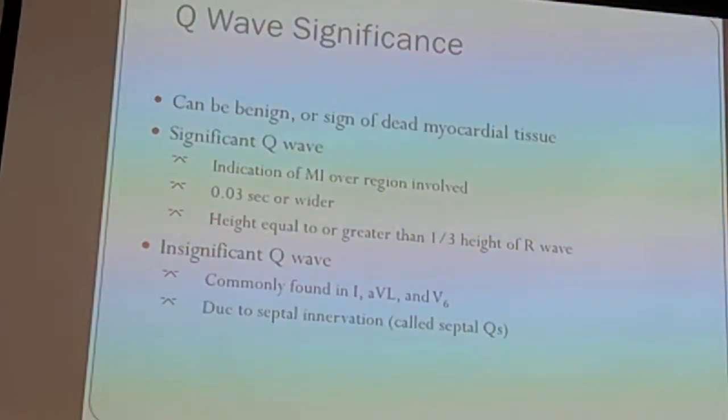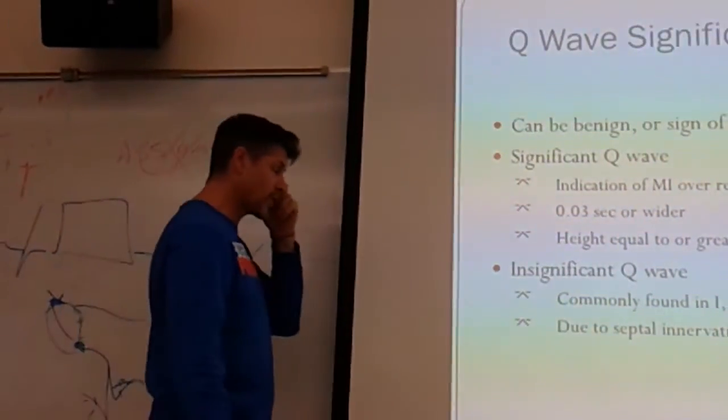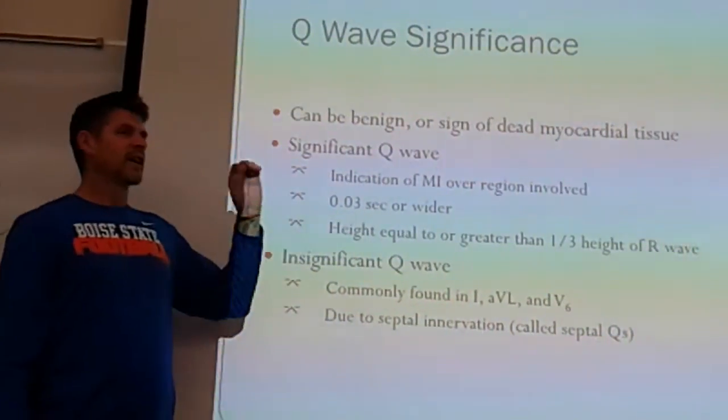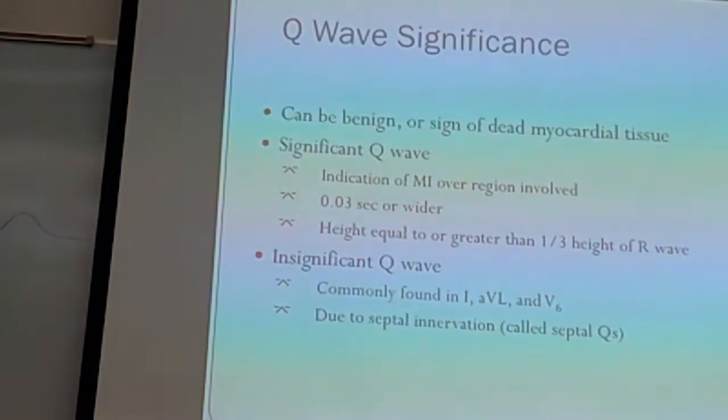But if it is greater than 0.03 seconds, then we would say that Q wave is pathologic. It's a bad Q wave. Or if we have a Q wave that is equal to or greater than the height of the R wave.